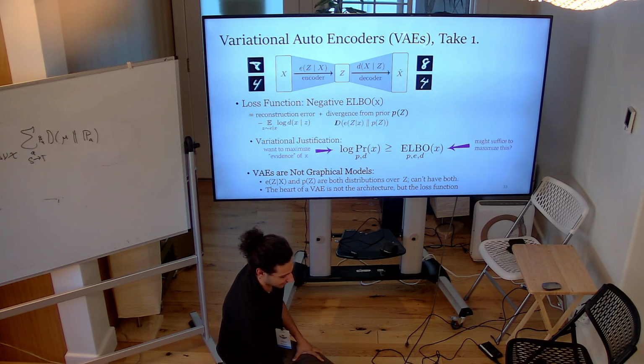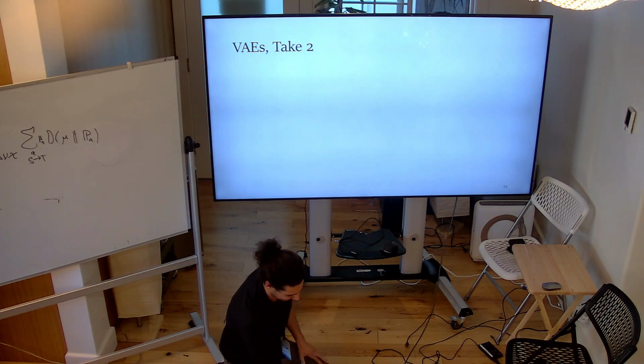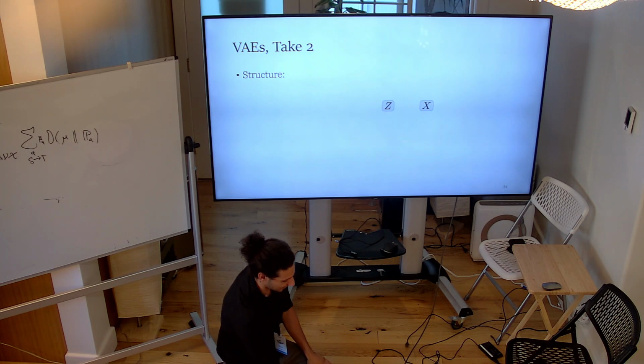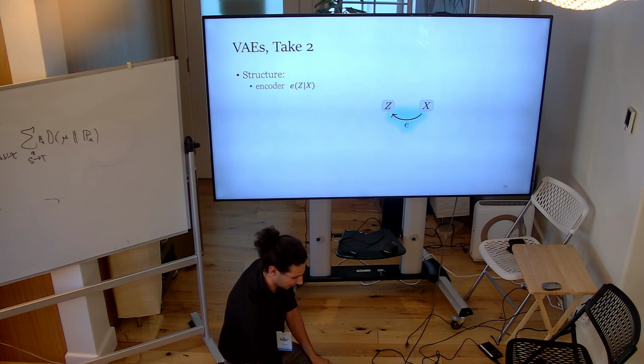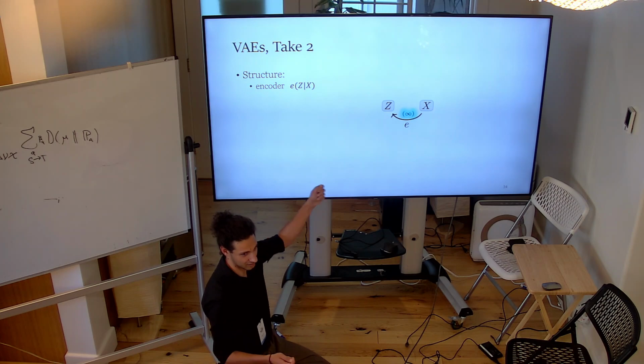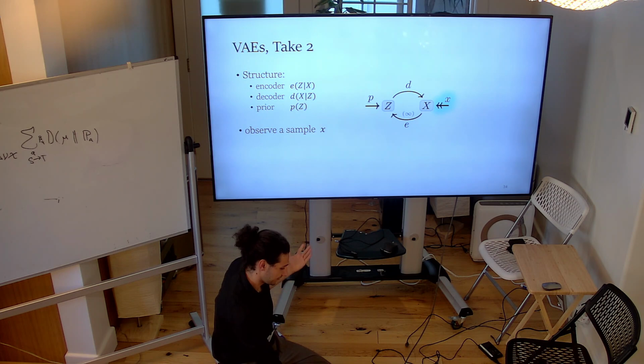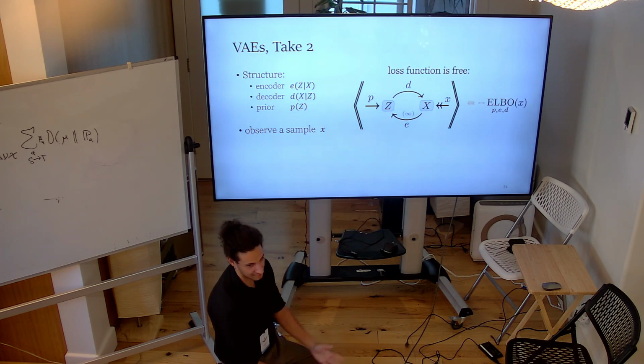What if we just use a more expressive graphical model? So we had our images and our latent codes. We have an encoder. It's high confidence because the definition of the latent code is whatever the encoder gives you. We have our decoder. We have our prior. And now we learn to sample X. How inconsistent is this? It's the opposite.